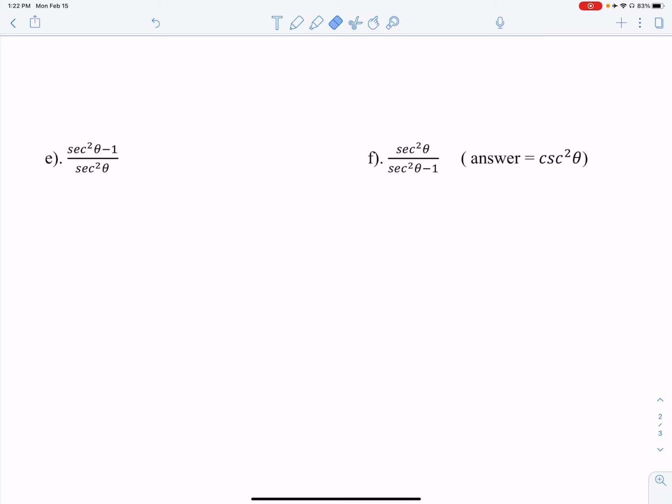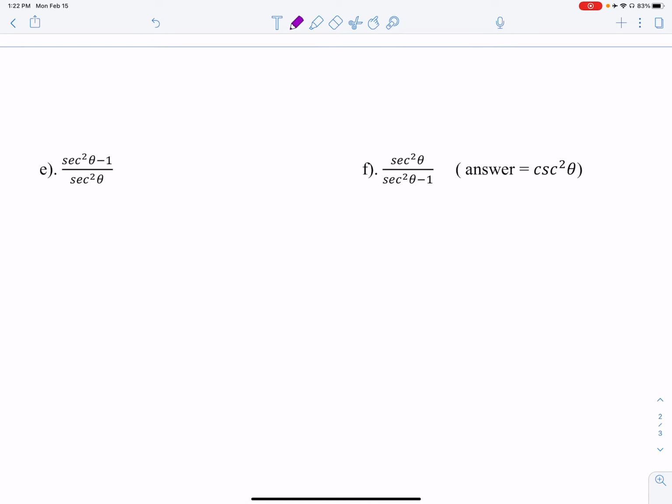But the secant squared theta minus 1 brings back to mind that we have a Pythagorean identity. 1 plus tangent squared theta equals secant squared theta. And if I solve that for tangent squared, that's going to equal secant squared theta minus 1. So I can replace secant squared theta minus 1 with tangent squared theta. So that's what I'm going to do.